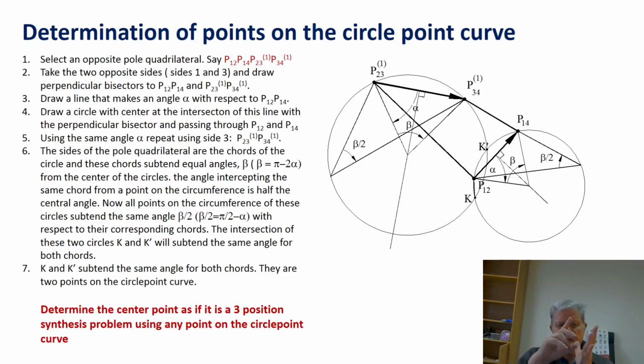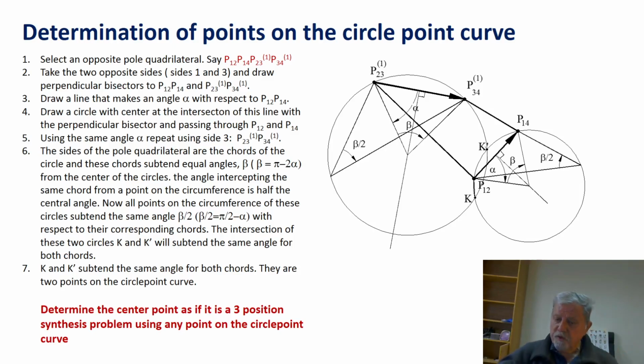These are P12, P13, P14, P24, P34, P23. So you have to determine the image poles for the other 3 poles to draw the circle point curve.